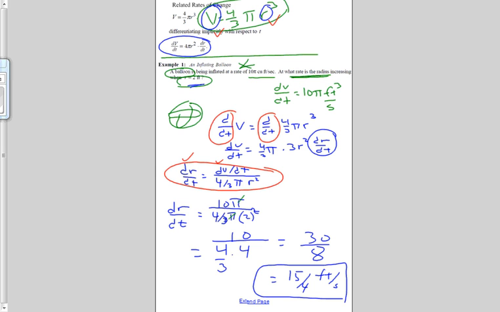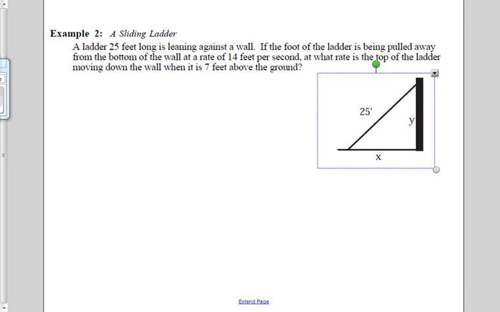So let's do some more of these. Here we've got a ladder that's 25 feet long, leaning against a wall. There's a picture of it here. The foot of the ladder is being pulled away from the bottom of the wall at a rate of 14 feet per second. So if this is x, dx/dt is 14 feet per second.